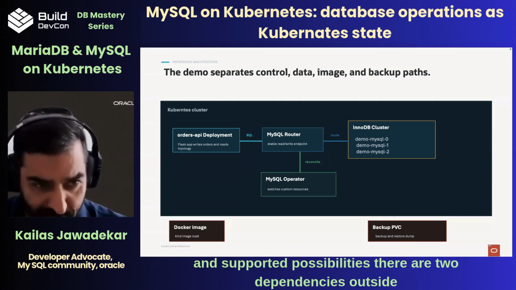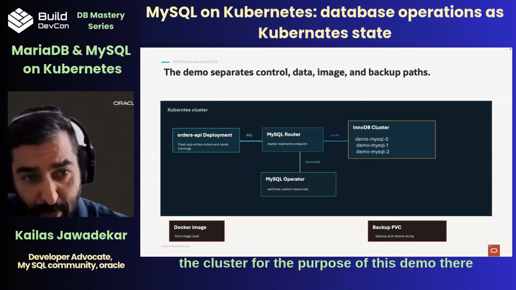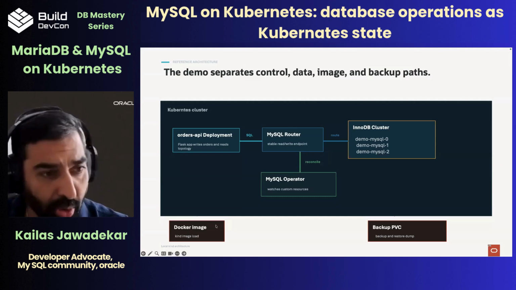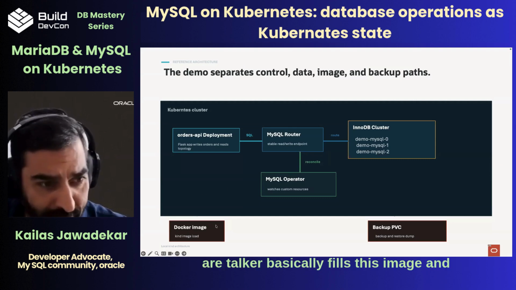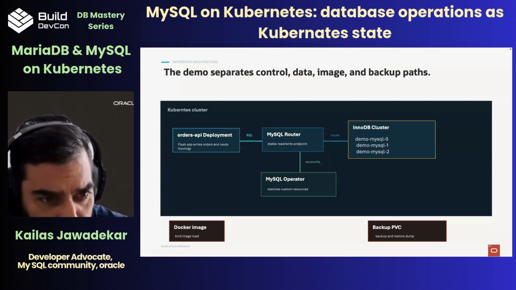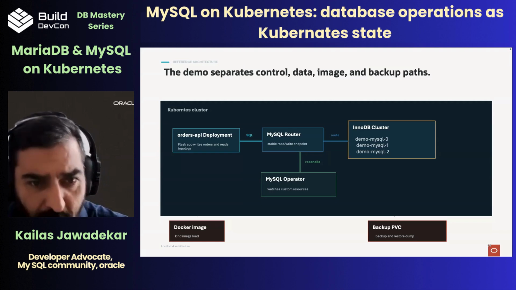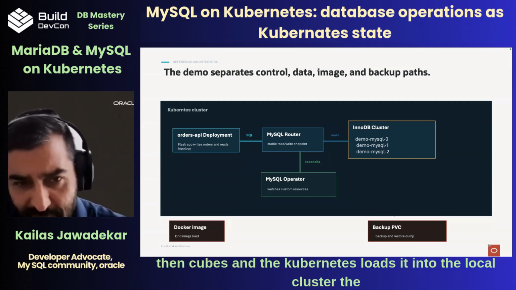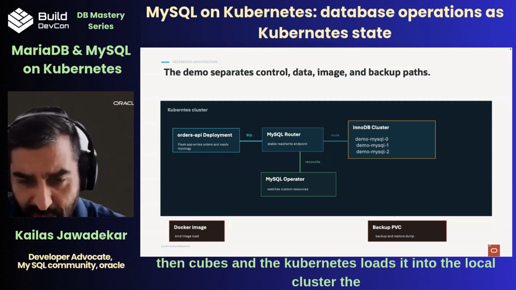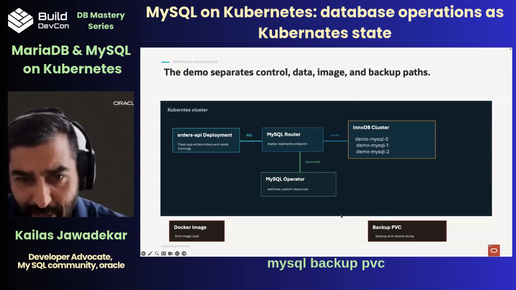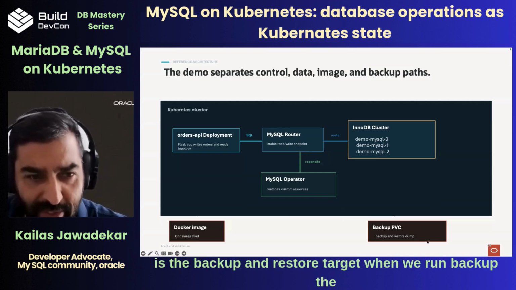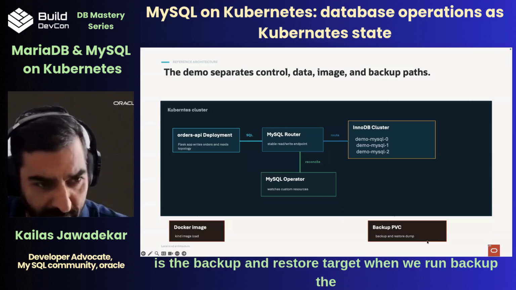There are two dependencies outside the cluster for the purpose of this demo. Docker basically builds this image, and then Kubernetes loads it into the local cluster. The MySQL backup PVC is the backup and restore target.